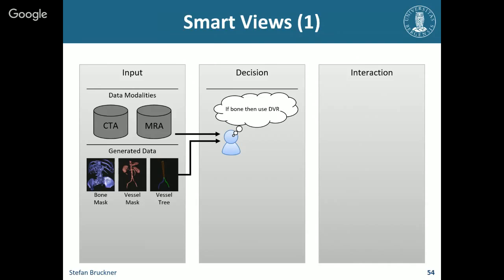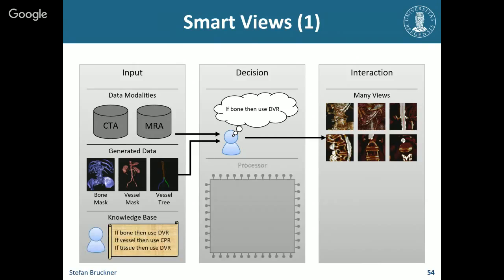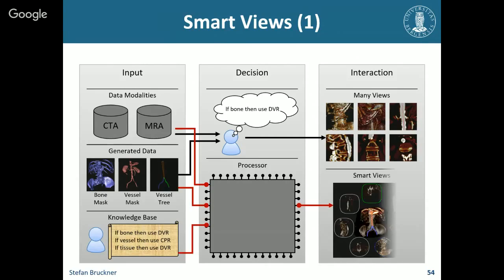Together with the domain experts, we can set up such a rule base. And we could use this information to decide which view is most appropriate for which part of the image, and then automatically suggest these views to the user.